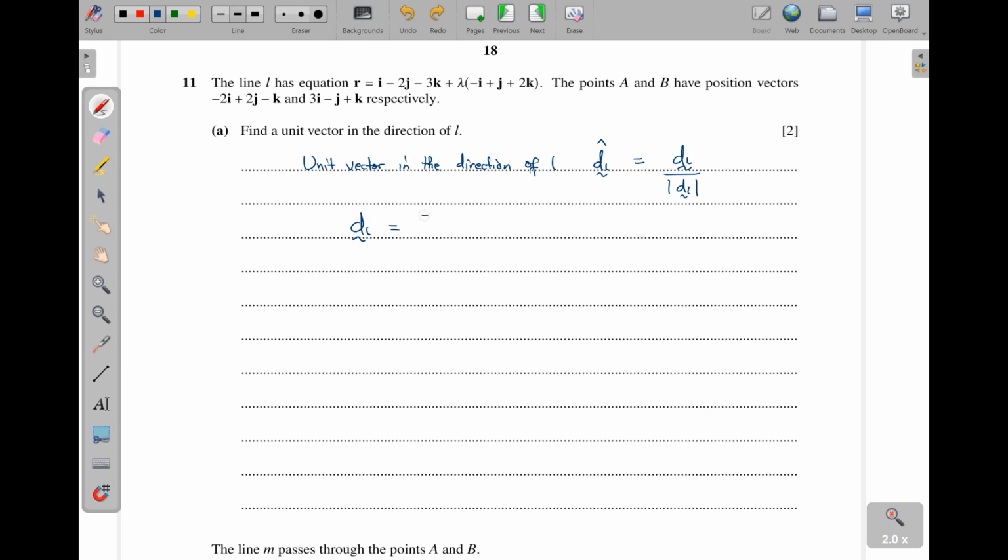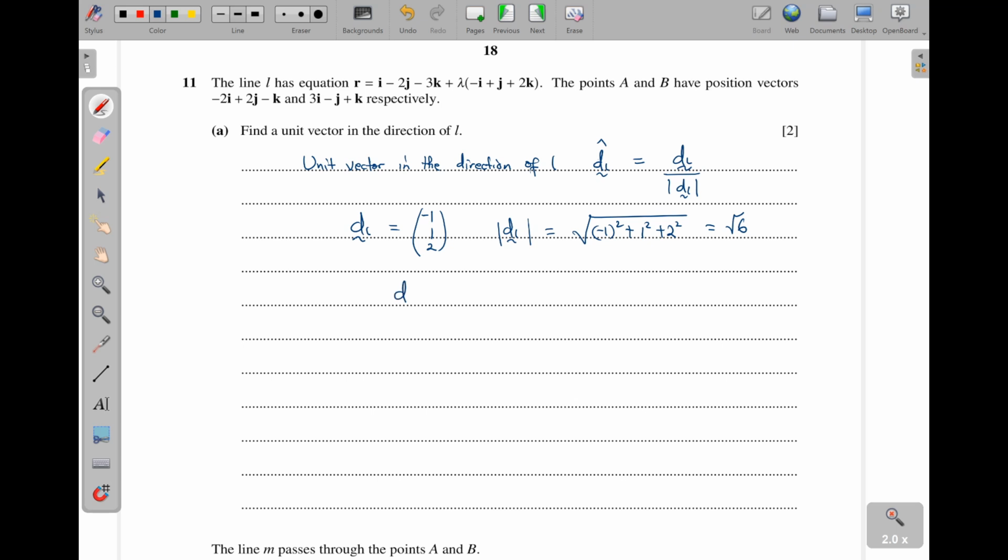So we shall have -1, then 1, then 2. Okay? Then from there, the modulus of this one is going to be the square root of -1 squared, plus 1 squared, plus 2 squared. This is 1 plus 1 plus 4. Isn't that a 6? So we shall have root of 6.